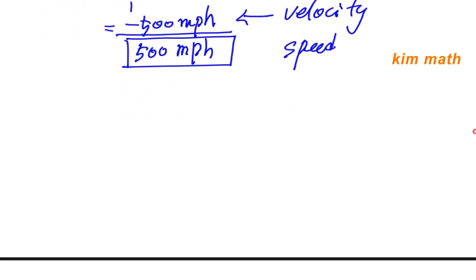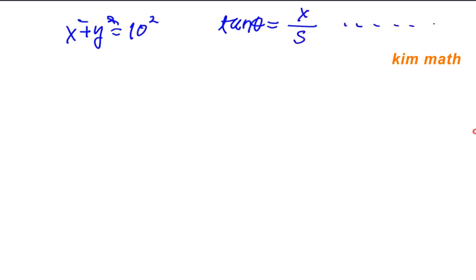Okay, so let me briefly summarize one more time. If you have any equation containing two variables, for example x squared plus y squared equals a constant, or tangent theta equals x over s, and so many things.